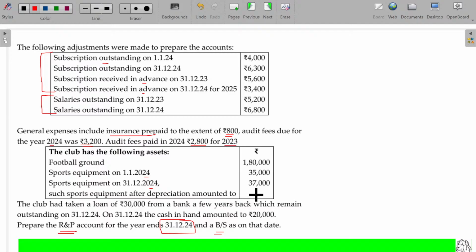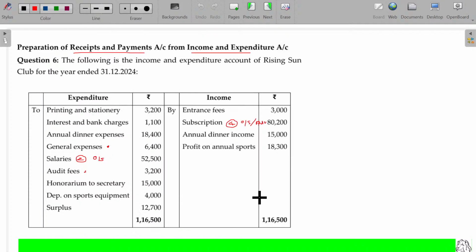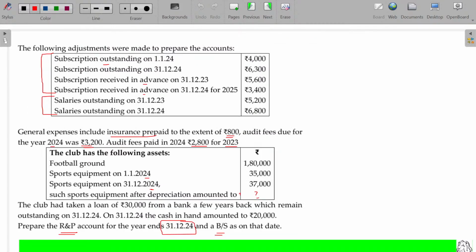Sports equipment depreciation is given here. You can cross-refer in the income and expenditure account. Usually depreciation is debited to the P&L account; instead of P&L account we have the income and expenditure account. The depreciation amount is debited there, being 4,000.